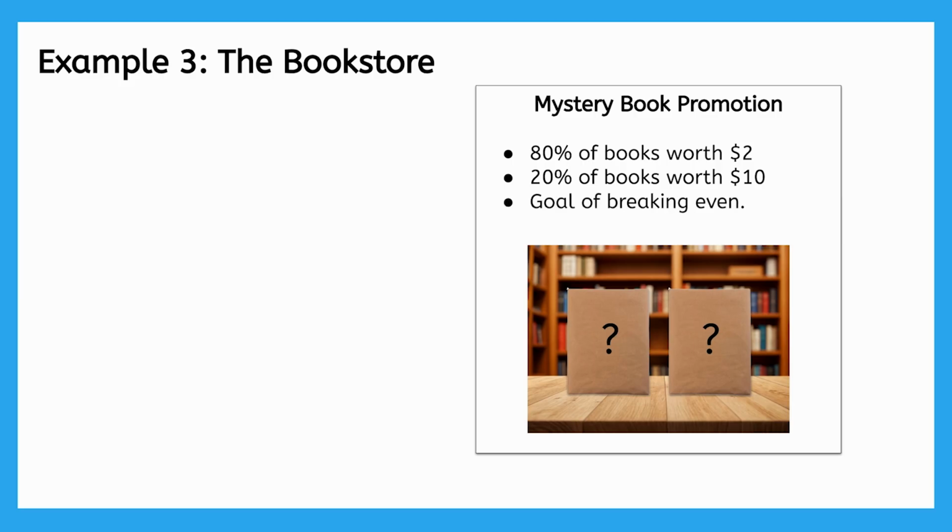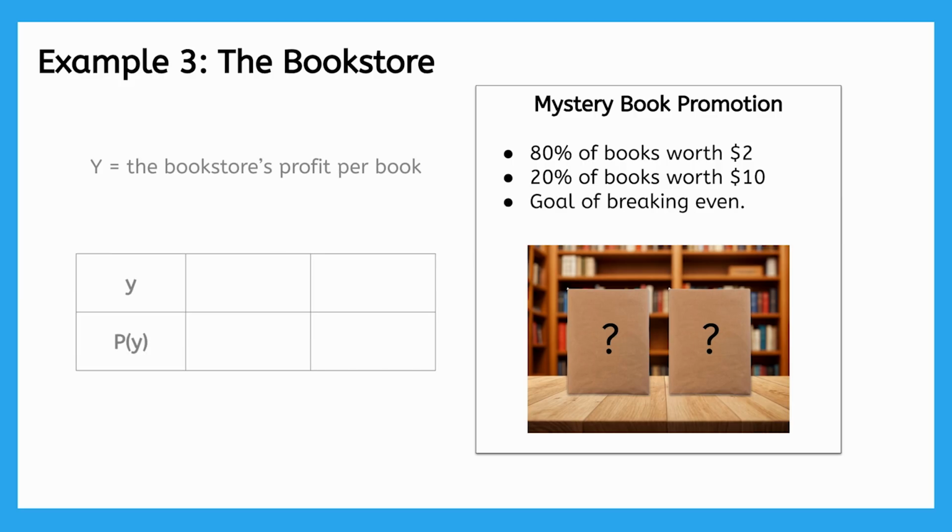Let's set up our probability distribution. We'll define the random variable y as the bookstore's profit per book. We still need to determine how much it will cost to buy a mystery book. We'll call that x. The profit for each $2 book would be x minus 2, and the probability of selecting one of those books is 80%.